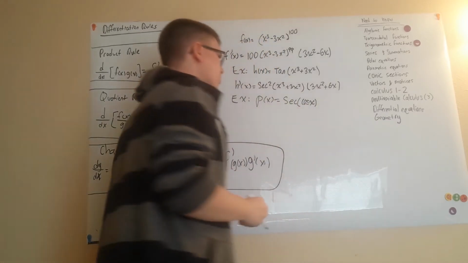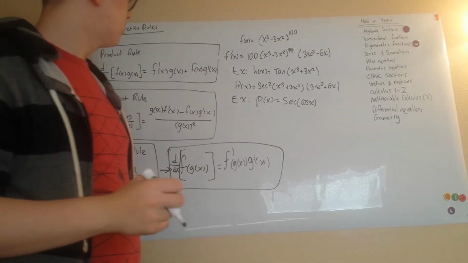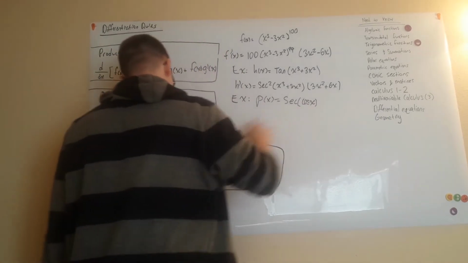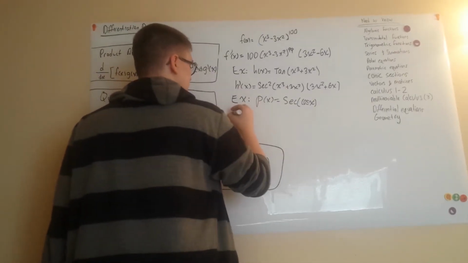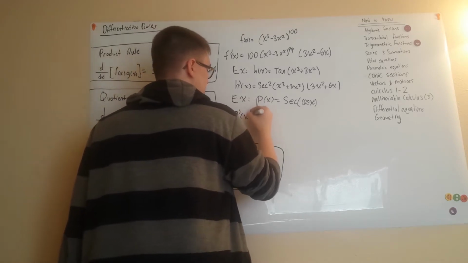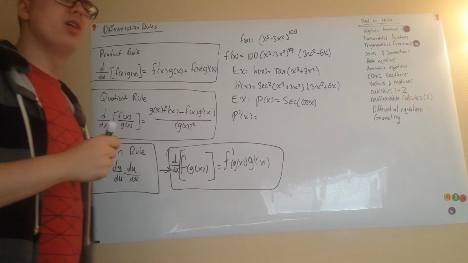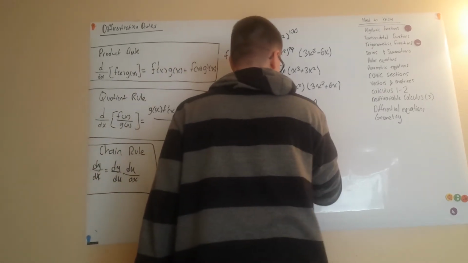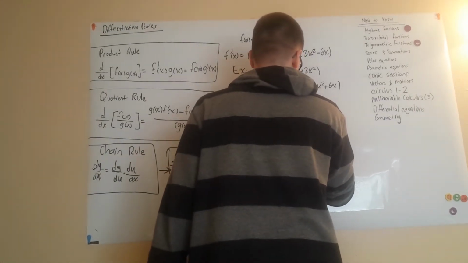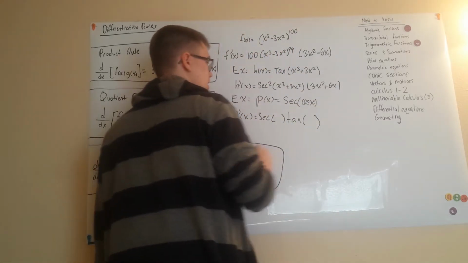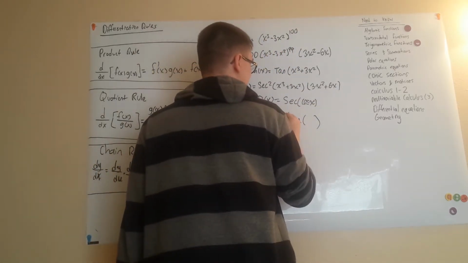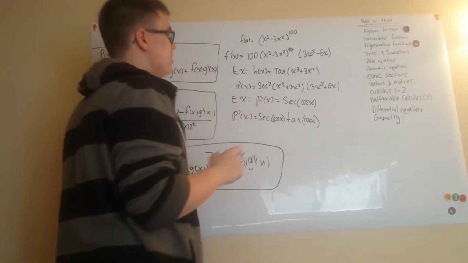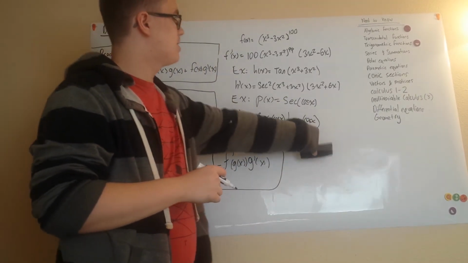This one's a little bit weird. The secant of cosine of x. Composition. G of x is cosine, f is secant. So p prime of x is, well, what's the derivative of secant? It's secant x tangent x. But we keep the inside the same.